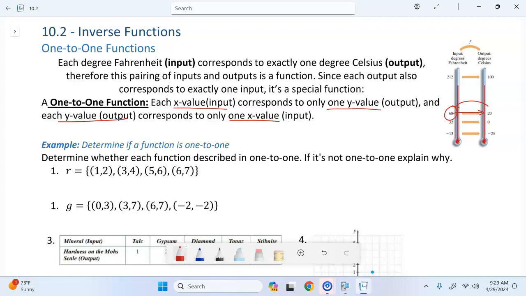Every x value corresponds to one y value. But if multiple people get the same output, it's not a one-to-one function. That output isn't unique. In order for it to be a one-to-one function, the output also has to be unique to every single input. So for example, the students and the seats you are sitting in.